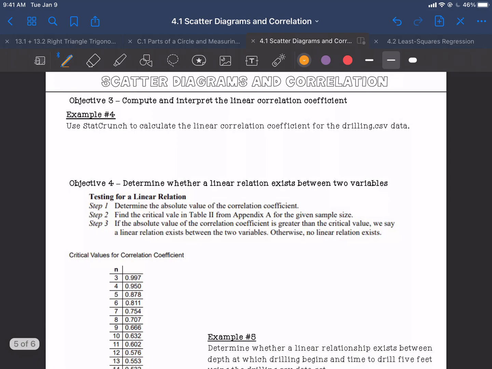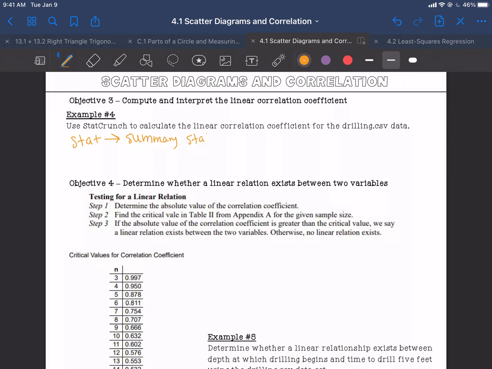All right, so now computing the correlation coefficient and then interpreting whether there's a linear relationship. With that drilling data, let's use StatCrunch to find the linear correlation coefficient. And to do that, I'll write down here, we're going to go to Stat, Summary Stats.